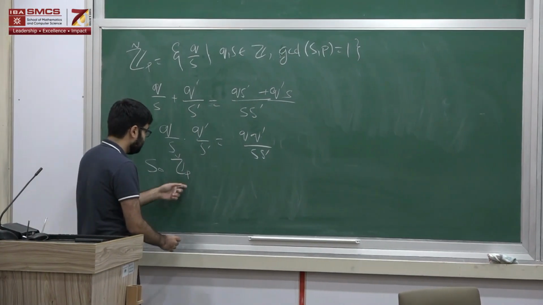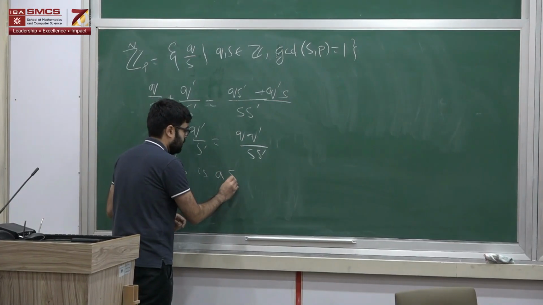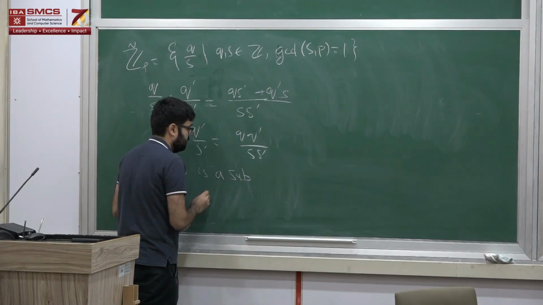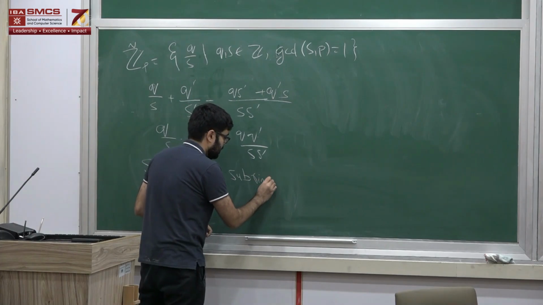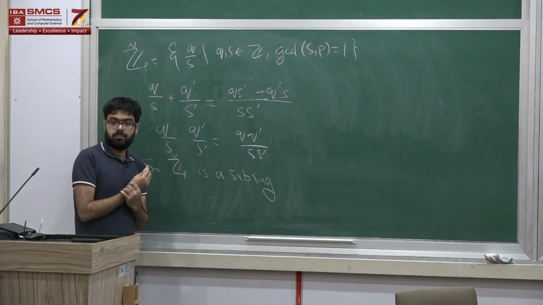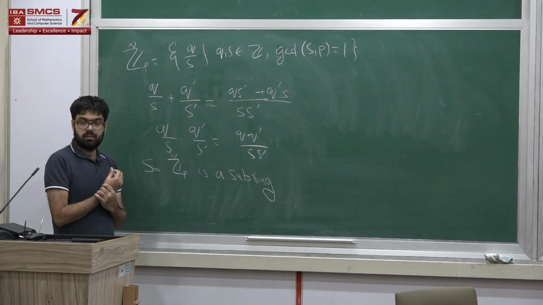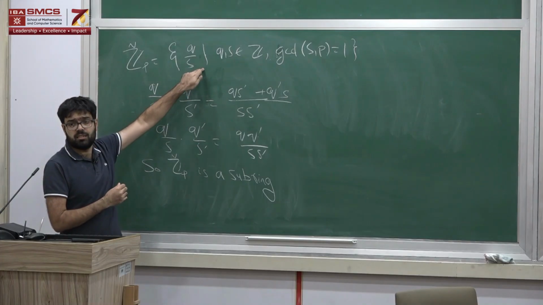So, this Z tilde P is a subring. No, wait. So Z tilde P. So you're making the rationals? No, no, no. So these are just integers.